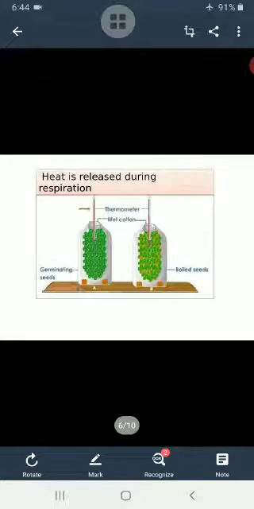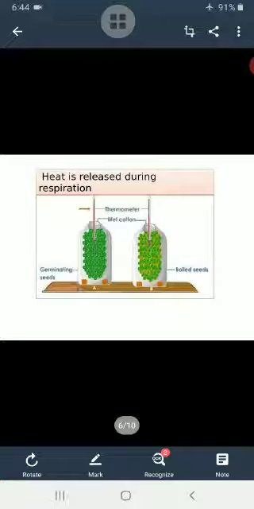Now we have to perform an activity. Take the seeds that were soaked overnight. Next morning, drain the water and keep the seeds moist till they start germinating. Boil half of the seeds so that germination stops in them.